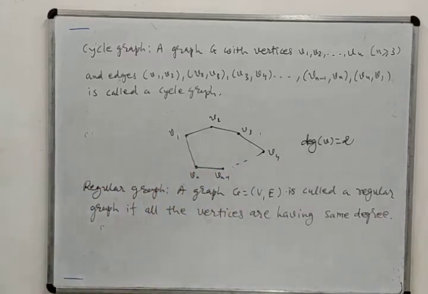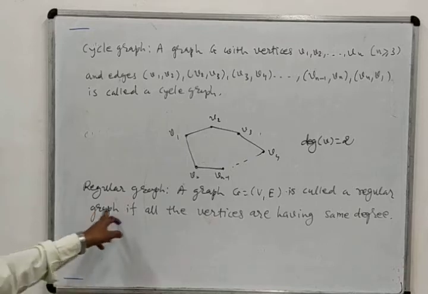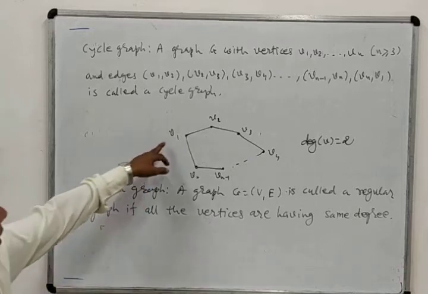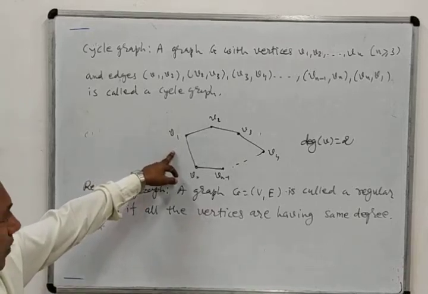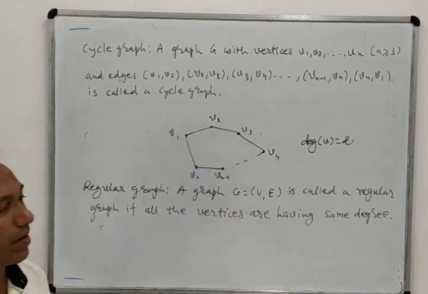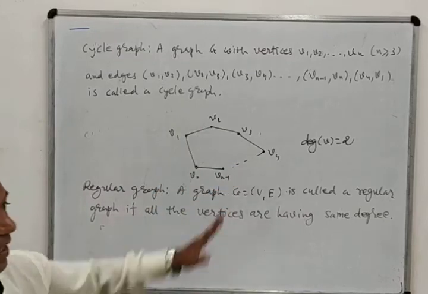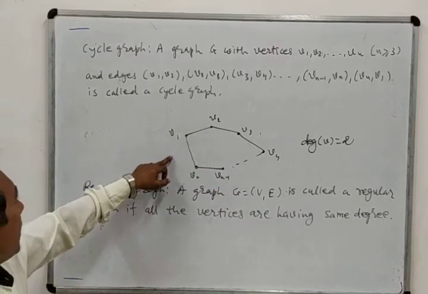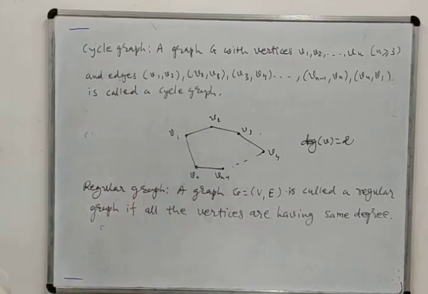That means in a graph G, if all the vertices have the same degree, then we say that this is a regular graph. See here, a cycle graph or cyclic graph. We can see that all the vertices in a cycle graph have degree 2. That means each vertex has the same degree. So a cycle graph is also a regular graph.